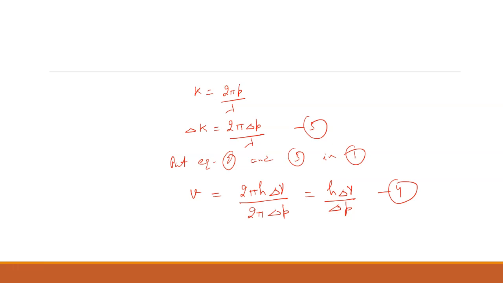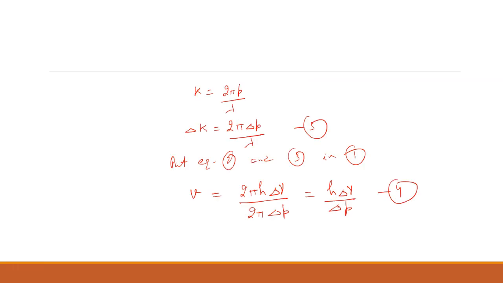Equation number 4. Now suppose the same particle covers distance delta x in time delta t, then velocity is given by delta x by delta t, that is, the rate of change of displacement.